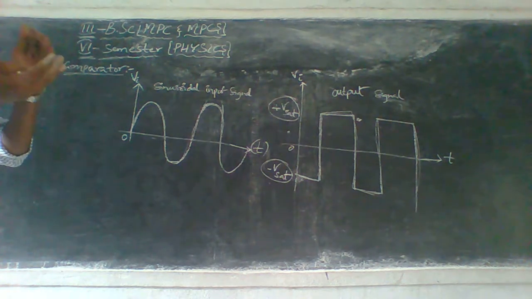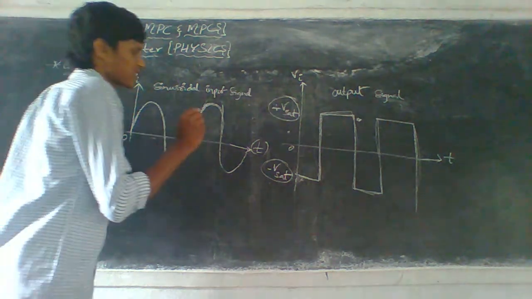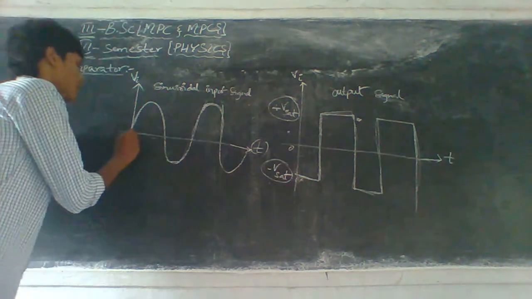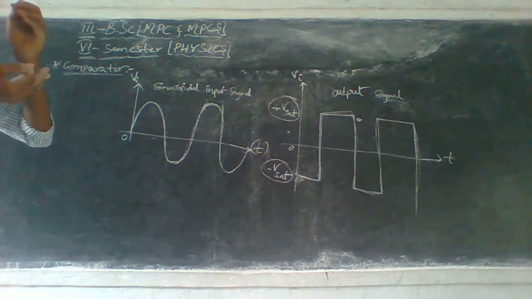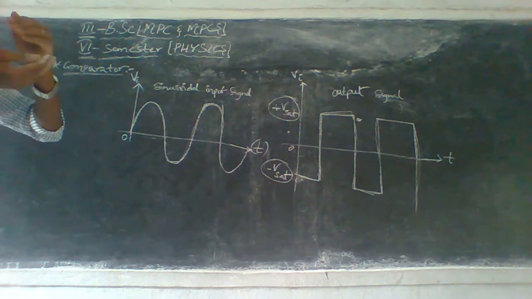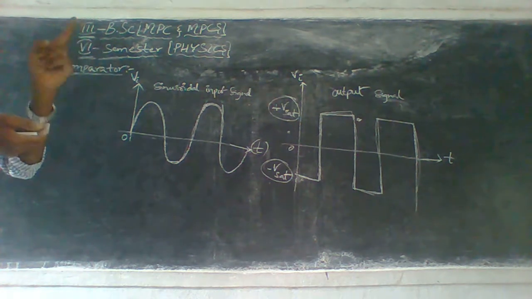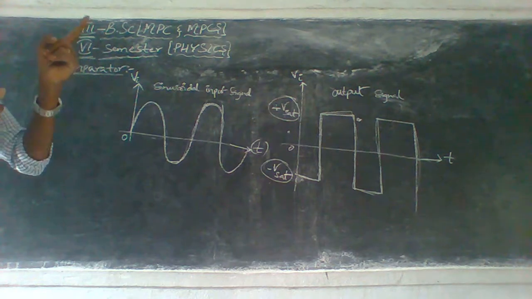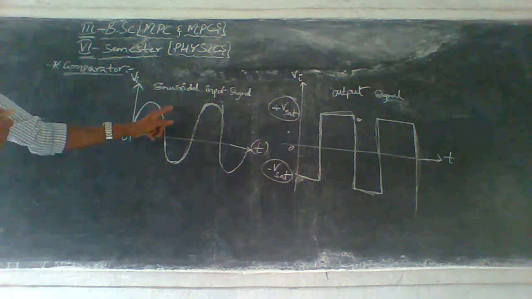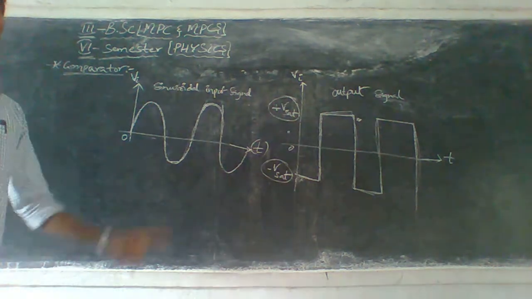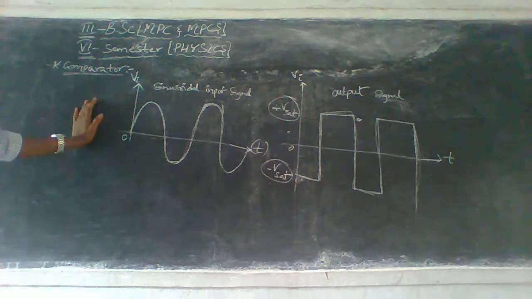Whenever the sinusoidal input signal is crossing 0 volts, in other words, the output changes its value when the input is crossing 0 volts. Hence, the above circuit is also called an inverting zero crossing detector.